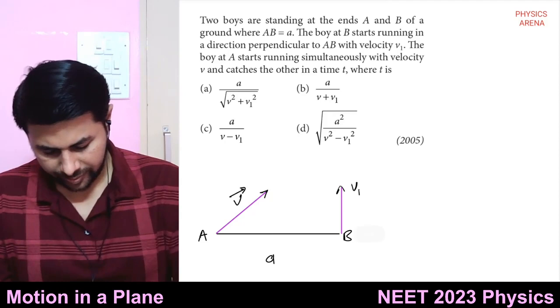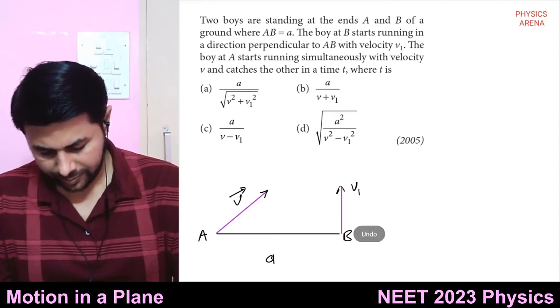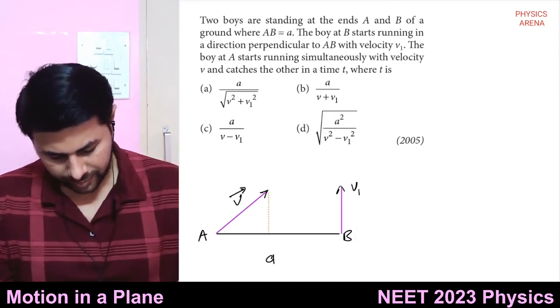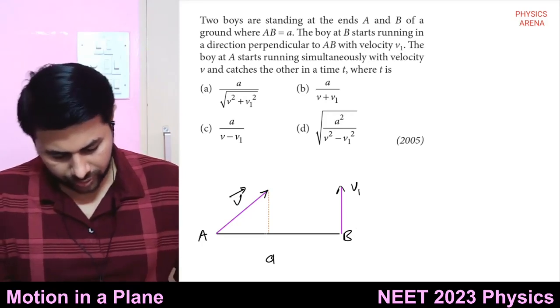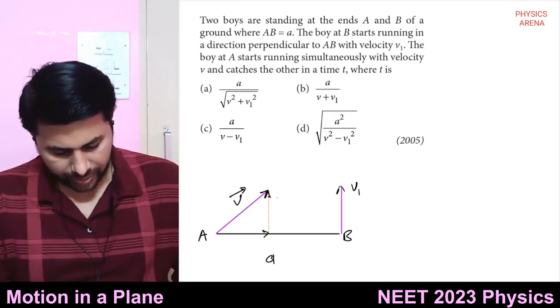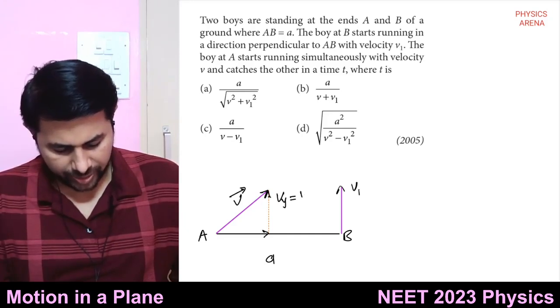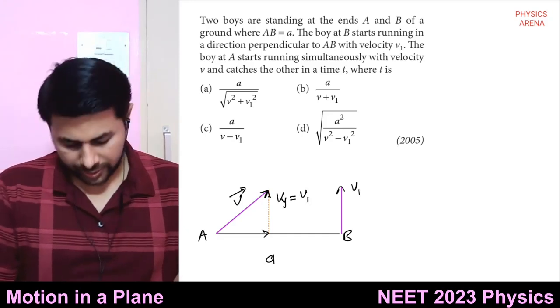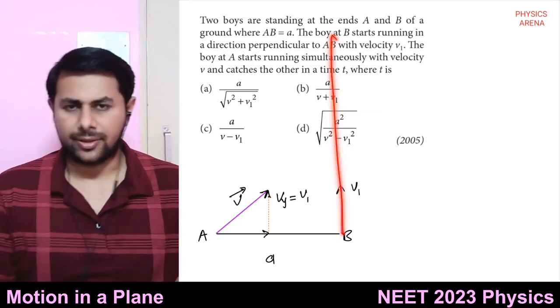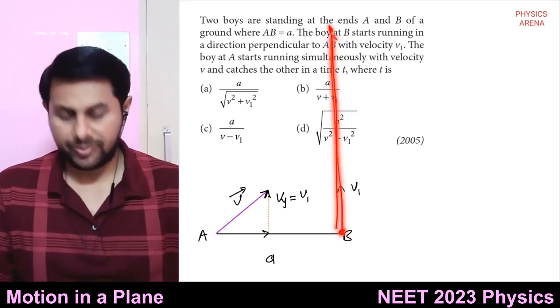So Vy should be equal to V1, because in this direction this boy is running with velocity V1.